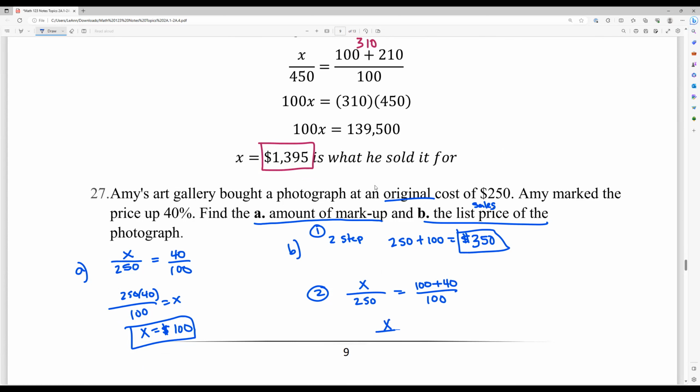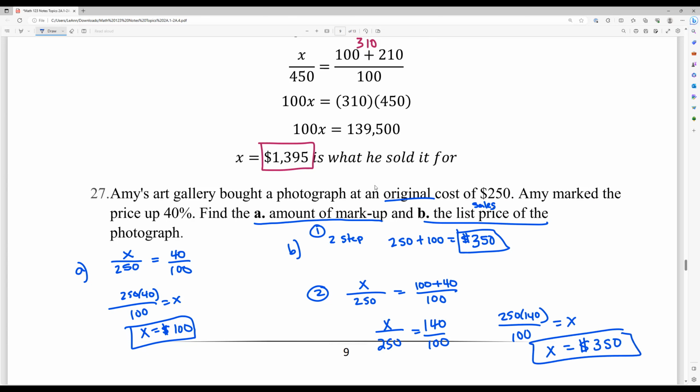So this would be X over 250 equals 140 over 100. So notice we're saying if this is the 100% that we bought it for, now we're selling it for pretty much 140%. So that 40% markup. So we're going to multiply 250 times 140, and we'll be dividing by 100. And when you solve this, this also comes out to the 350.